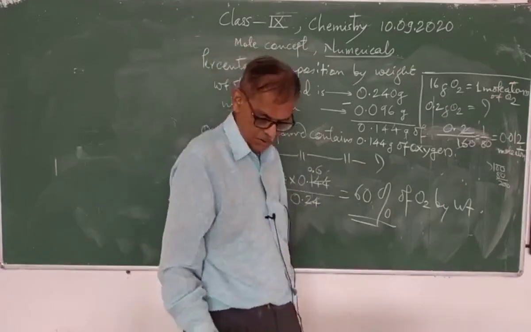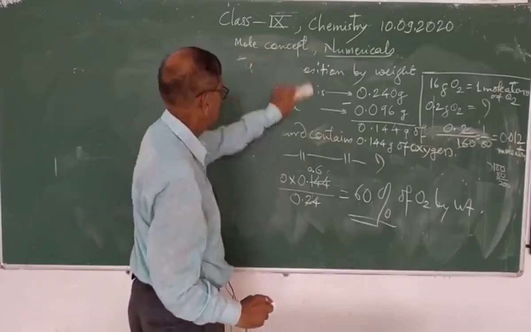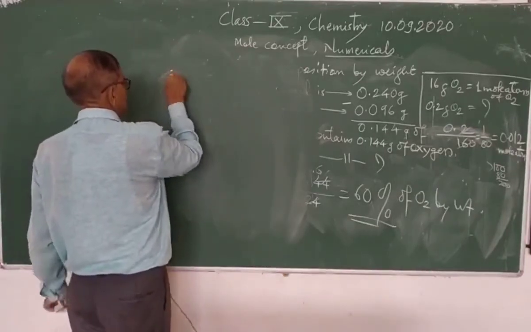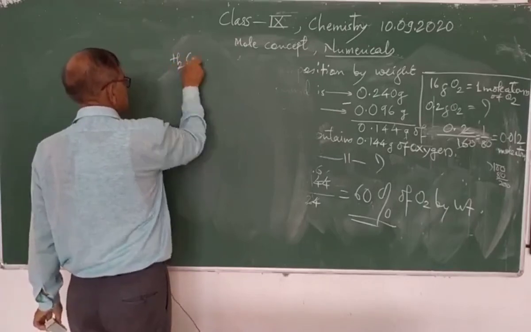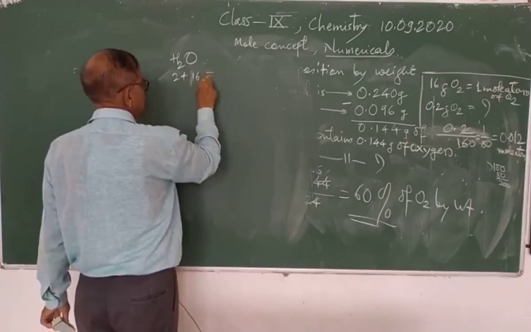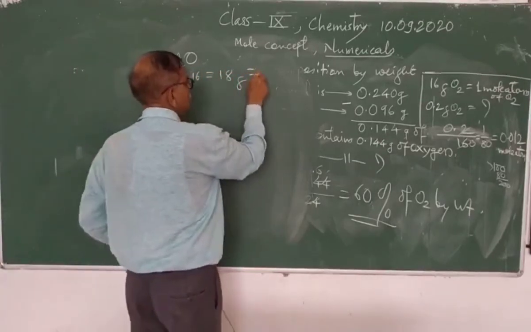And 0.5 mole of water molecule. 0.5 mole of water molecules. H2O: hydrogen 2 plus oxygen 16 is equal to 18 gram. 18 gram is equal to 1 mole.